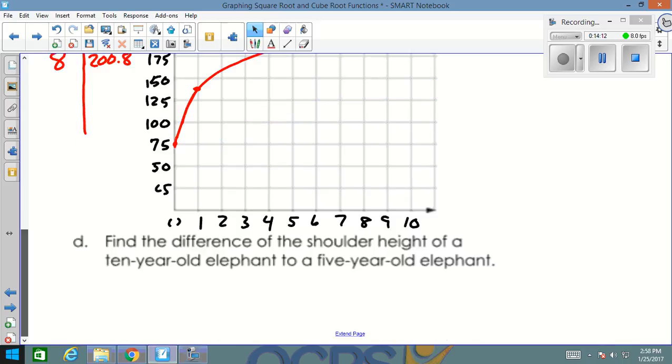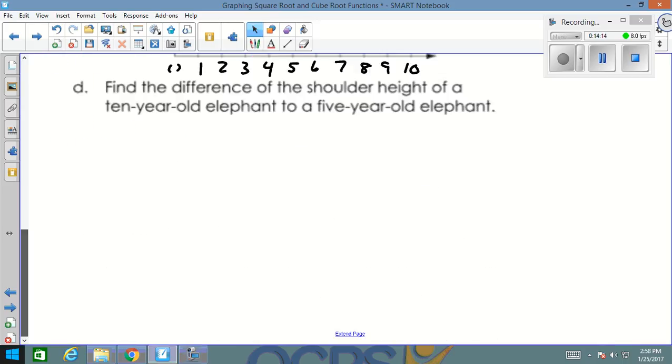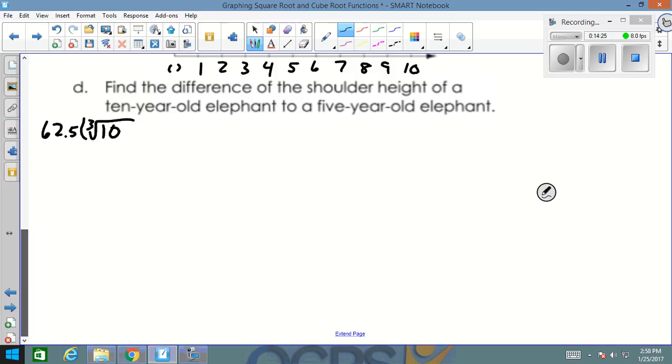Okay, that tells us to find the difference in the shoulder height of an elephant between 10 years and 5 years. So we're going to do 62.5 times the cube root of 10, because that's our age, plus 75.8. The cube root of 10 is roughly 2.15.